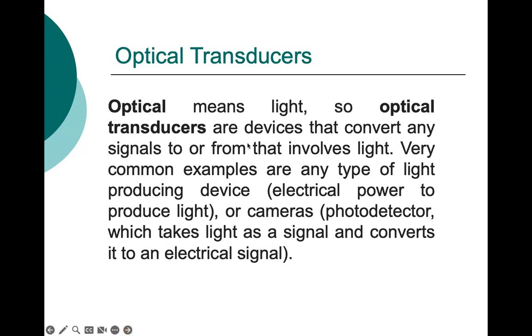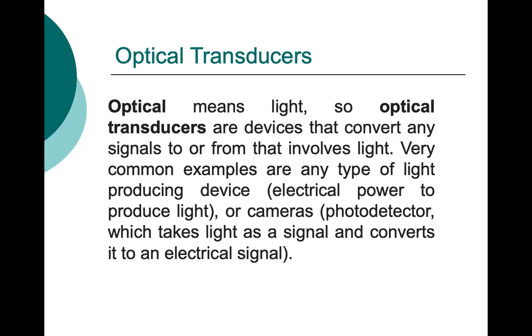So optical transducers are devices that convert any signal to or from that involve light. So when the analytes interact with the transducer, there are some changes towards the characteristic of that light.